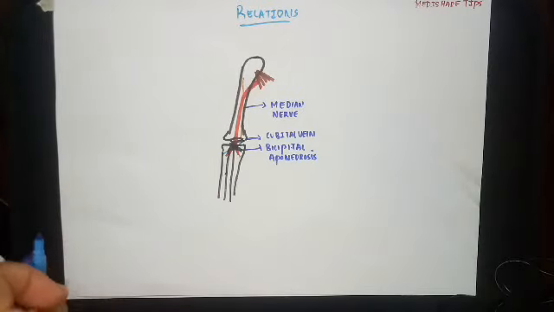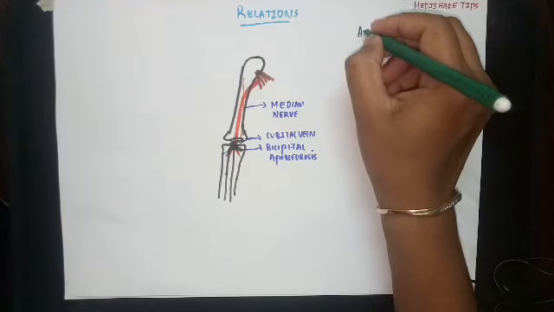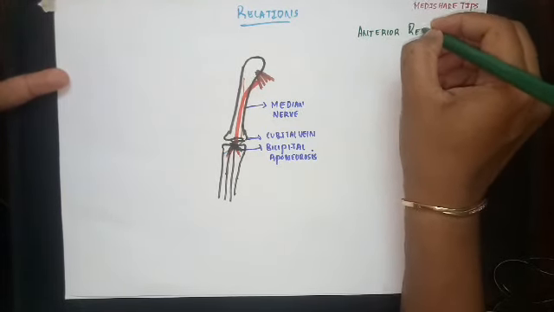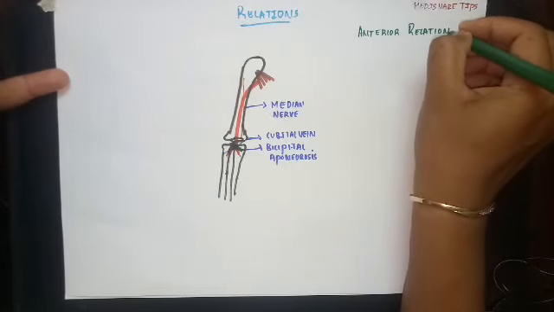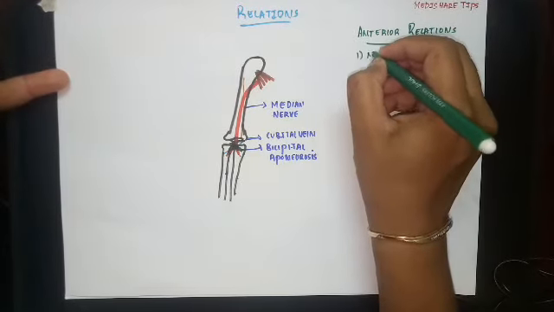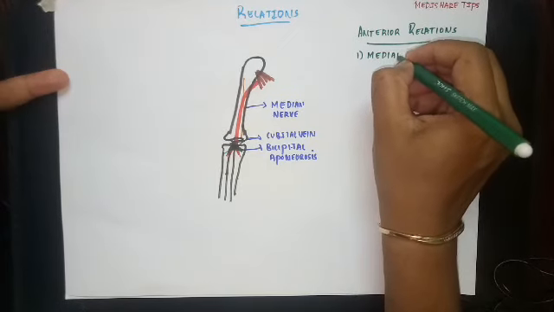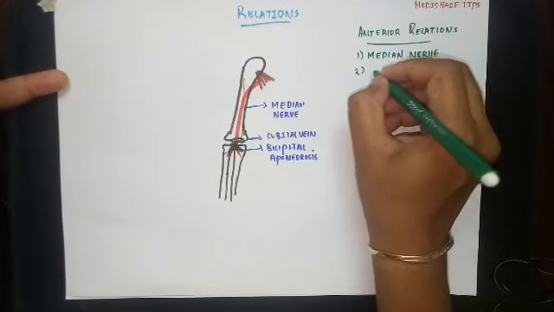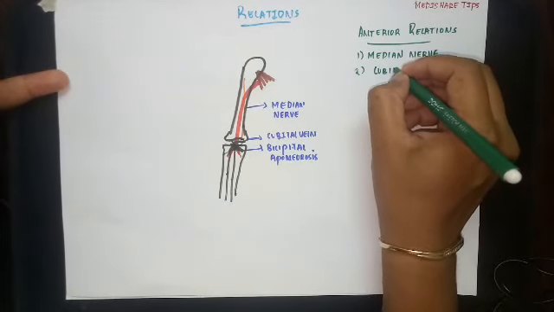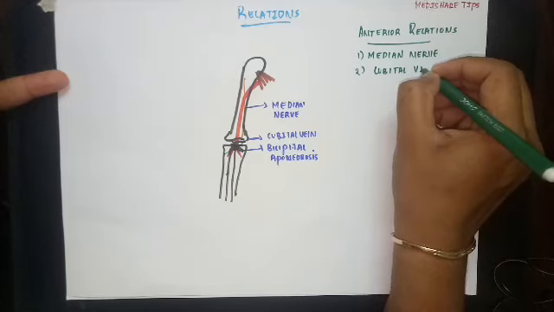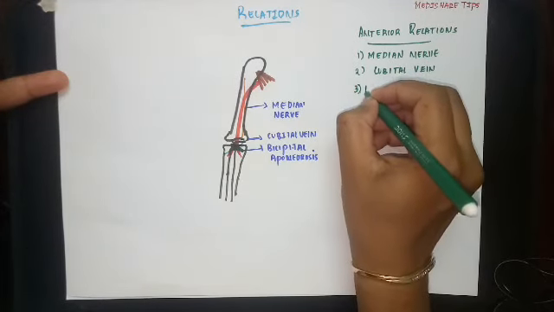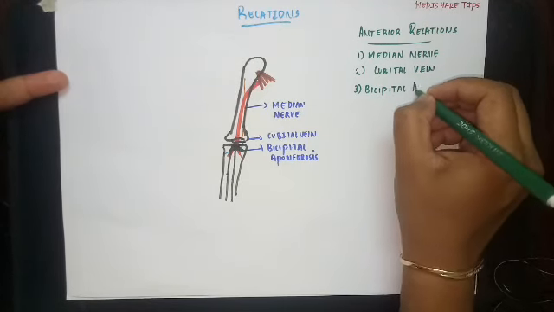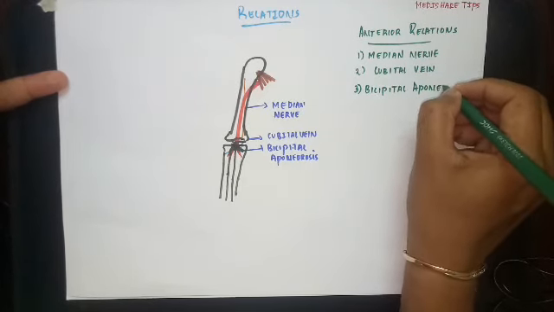So the anterior relations of the artery are: first one is median nerve, that is in the middle of arm. Second one is cubital vein, and third one is bicipital aponeurosis. These are the anterior relations of the artery.